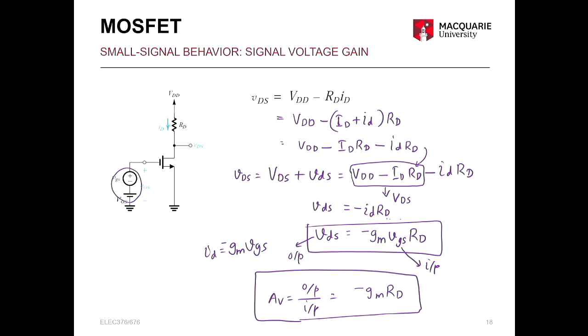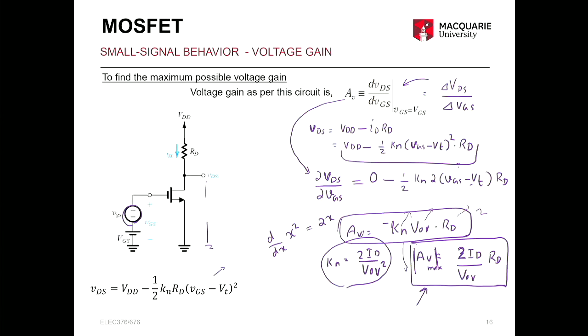Yeah, you're right. I see that point. So it should be 1 milliamps per volt square times 1 times 2K, right? Two. Let me get back to you on that. I'm a bit confused as well.